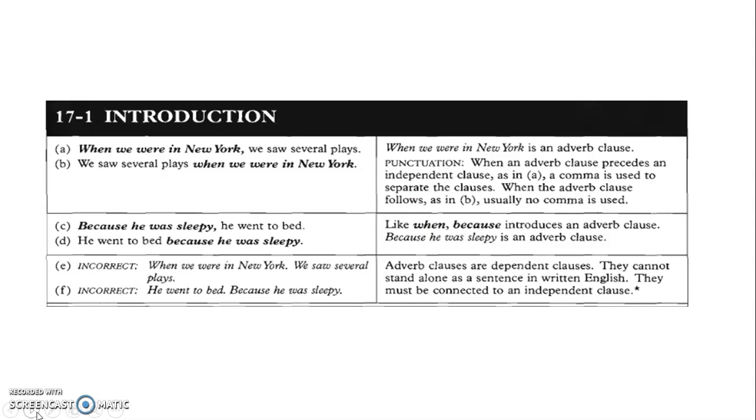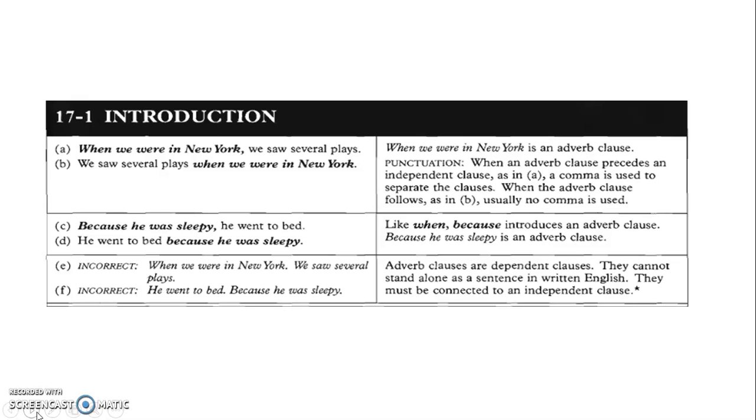Now, look at this example. When we were in New York, we saw several places. Be careful when you use a connector at the beginning: there must be a comma after the dependent clause.